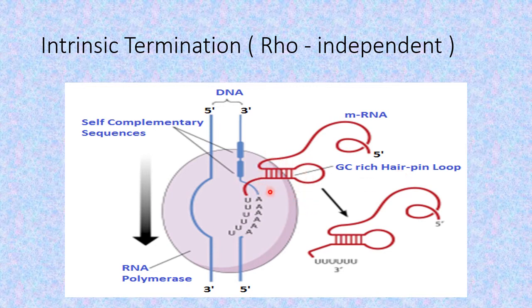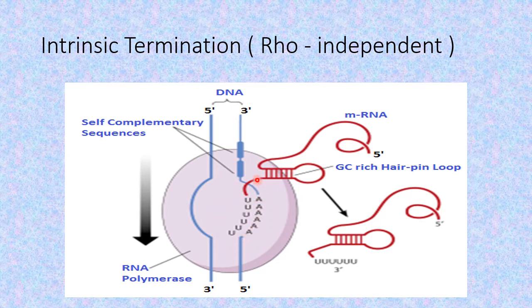Presence of this structure at the exit site of RNA polymerase loosens the grip of this enzyme RNA polymerase on this DNA double helix. And now these complementary sequences are followed by this poly A sequence, and the sequence that will be formed on the RNA molecule will be U, because we know that in RNA, instead of thymine, uracil is present.